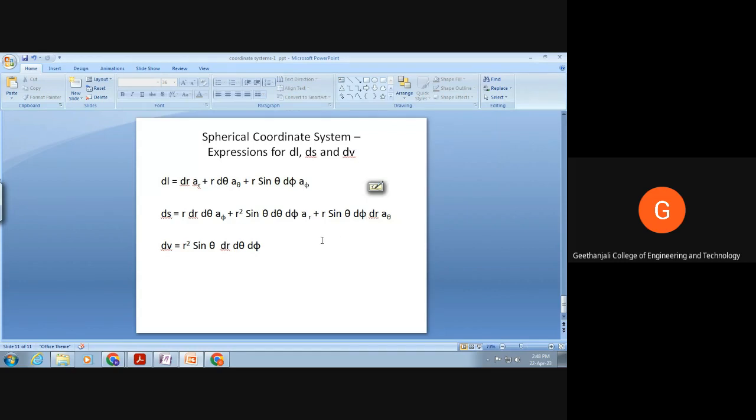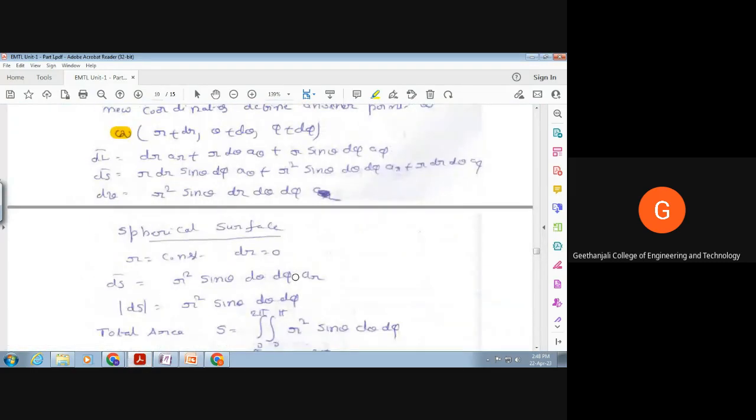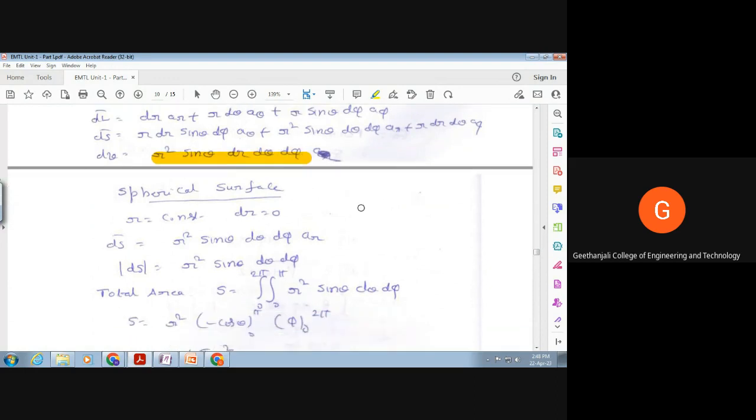Because for getting area, we need to vary two coordinates simultaneously. And finally, the volume, all three have to be varied: dr into r d theta into r sin theta d phi, that is r square sin theta dr d theta d phi. This is the expression for volume.